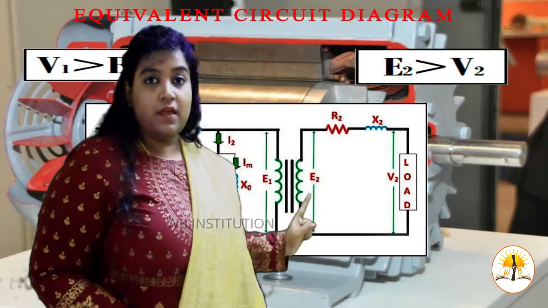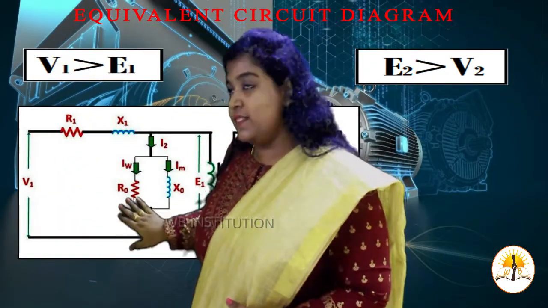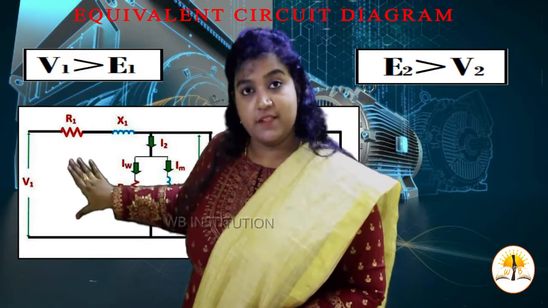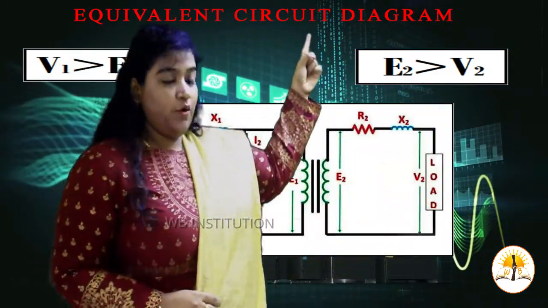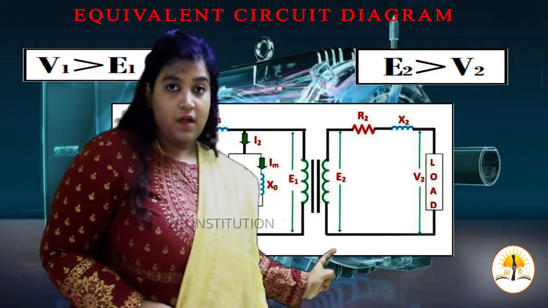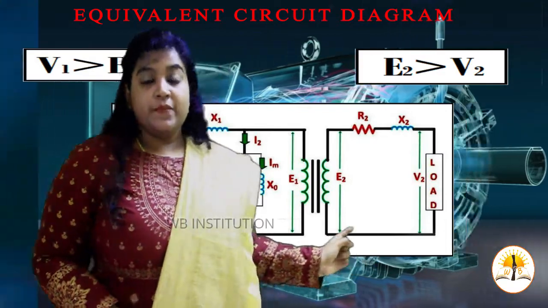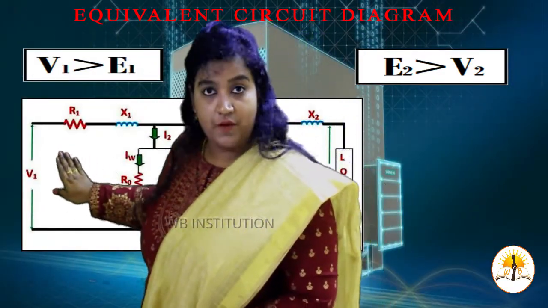This opposing will make a larger potential difference between the alternating current, that is V1 and E1. Since this phi 2 decreases or depolarizes phi, because of this the E2 is reduced when compared to V1.